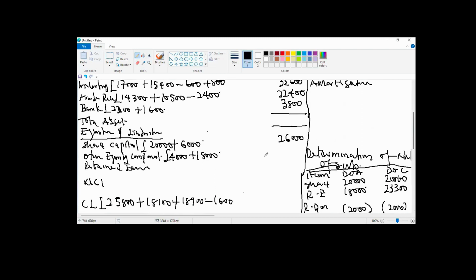That component of equity, that is 22. What is the retained earning? NCI is 15,800.